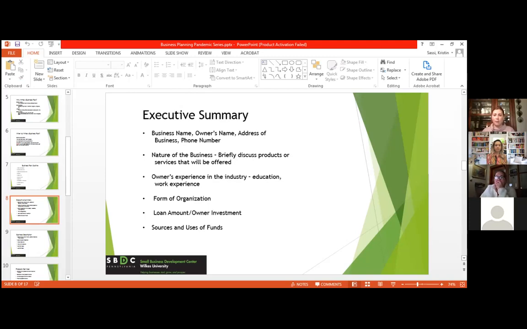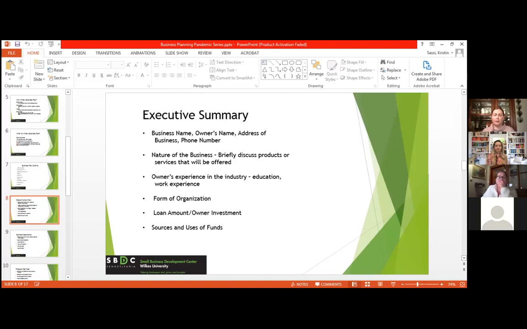But these are the key points that you're going to want to hit on in your executive summary. You're going to list the business name, the owner's name, the address, and then the phone number of the business. And you're going to see as you go through this outline, some of these things come up more than once. It's a little bit repetitive, but this is just how the lenders like to see things flow.